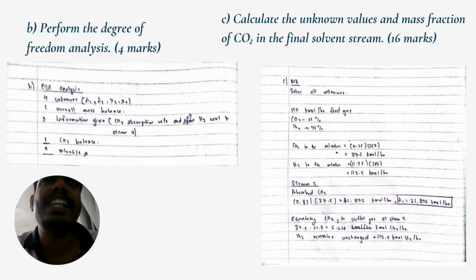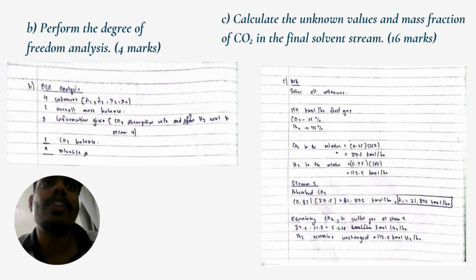So we already found the inlet of CO2 and H2 to the absorption column, and we already have the molar flow rate of the DEA to the absorption column. So now go to the outlet. In stream 3, absorbed CO2 is 0.85, as the absorption column absorbs 85 percentage of CO2, 0.85 times 37.5, which is the inlet CO2, and we will get 31.875 kmol per hour.